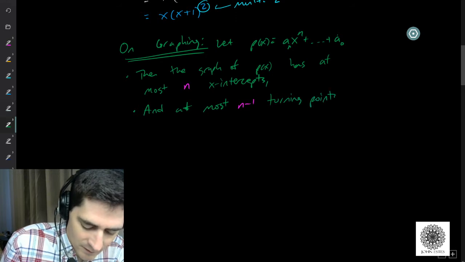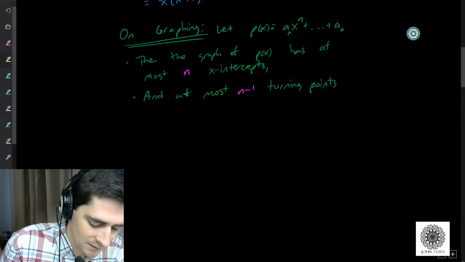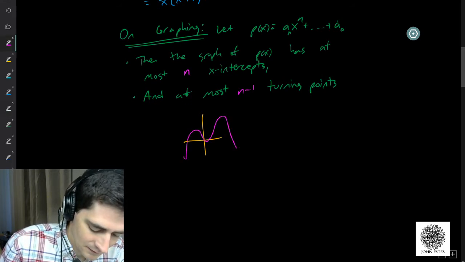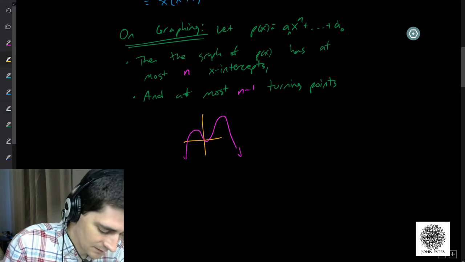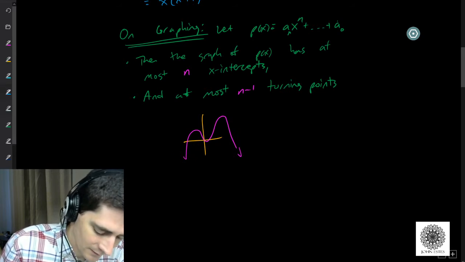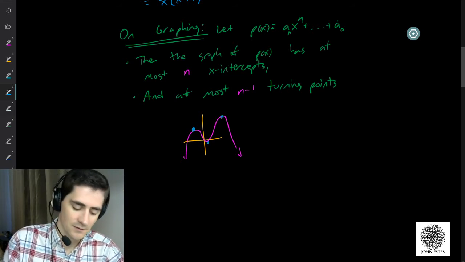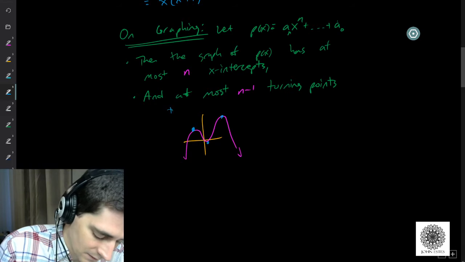Now what is a turning point? By a turning point, I mean something like this. If your graph looks like this, your turning points are right here. This is a turning point, turning point, turning point. That's where it changes direction from up to down.